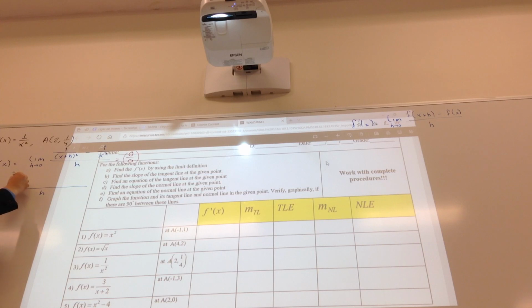So the common denominator will be x squared times (x plus h) squared, the product of those 2 denominators. And the numerator will be x squared minus (x plus h) squared. Yes. Very good.